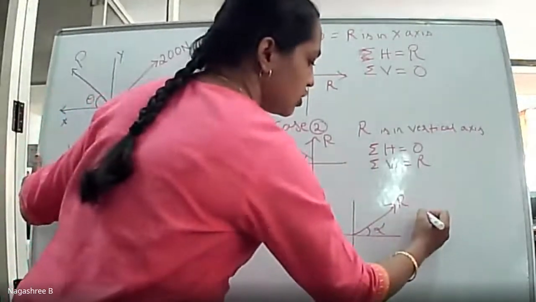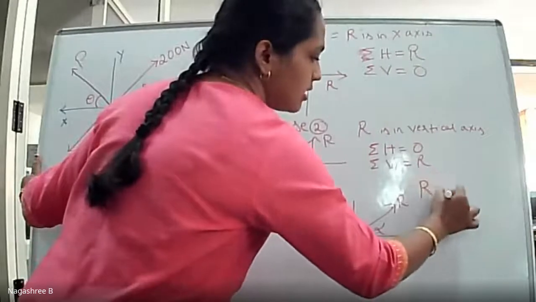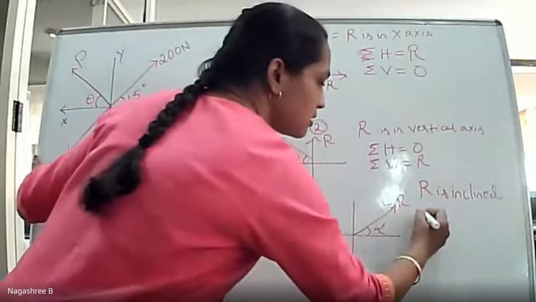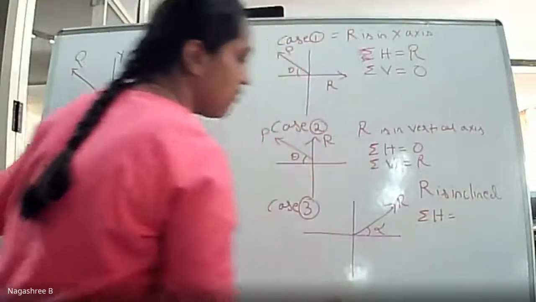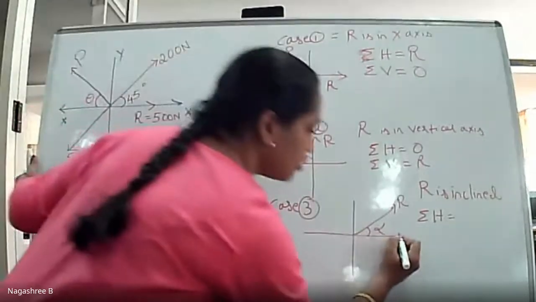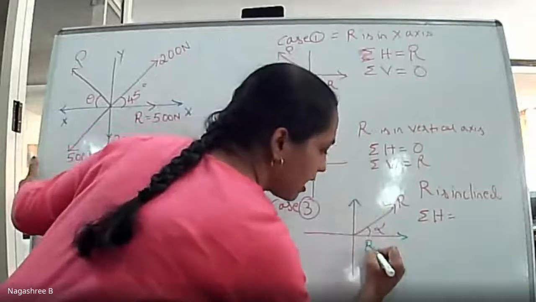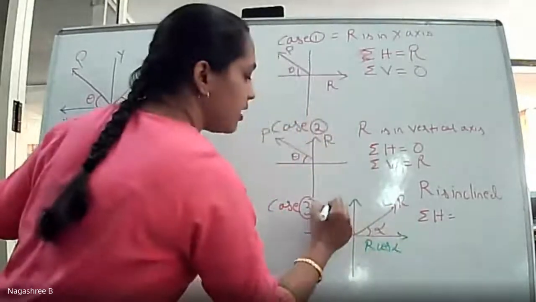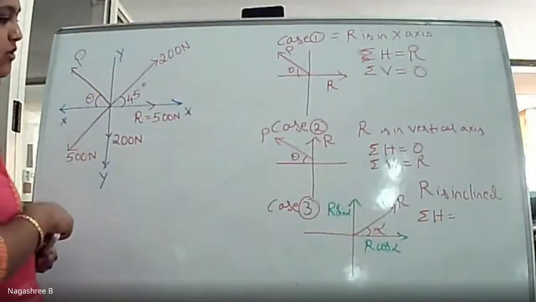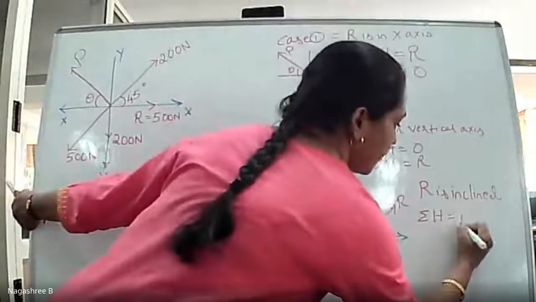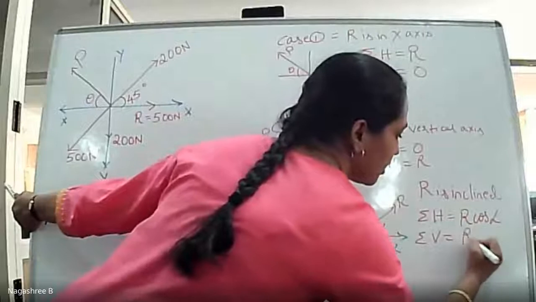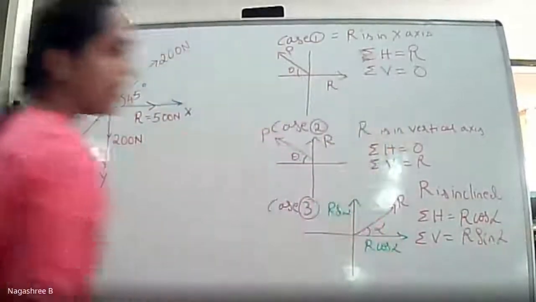In this case, before taking sigma H and sigma V values, this is the resolution: R cos alpha and this is R sin alpha. Therefore, sigma H will be equated to R cos alpha, and sigma V is equated to R sin alpha.